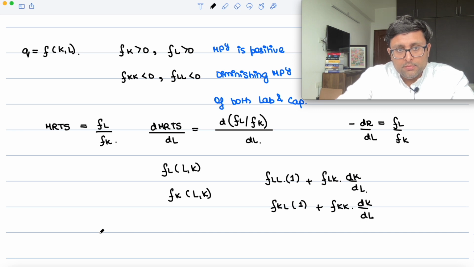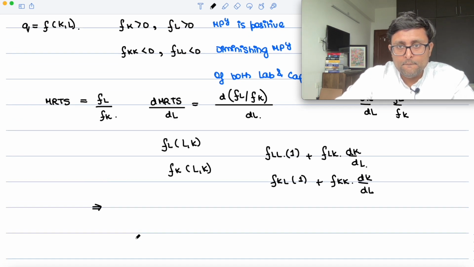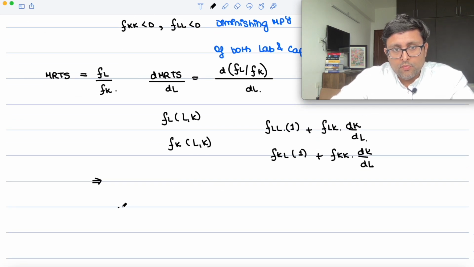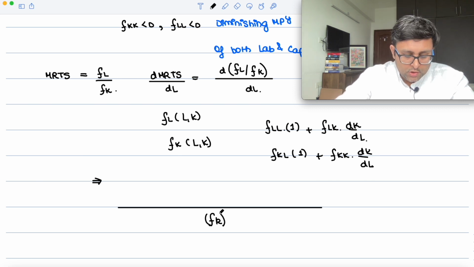We'll be using this. Now think about it. I have to use the quotient rule on FL by FK. The denominator is FK square.